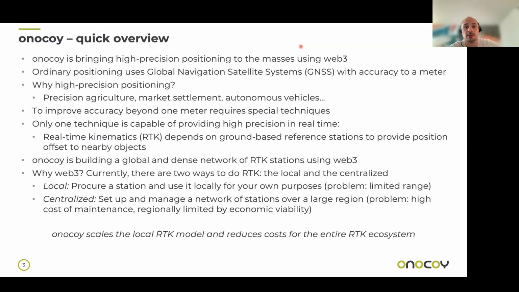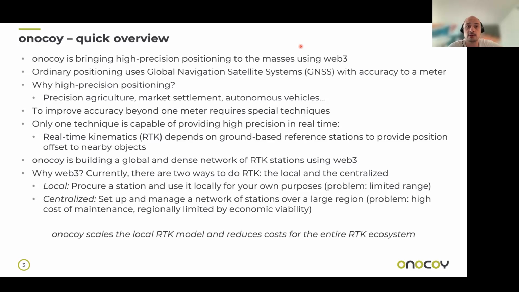The local way is you set up your own station, and near that station you have high precision positioning. So a good business model might be to set it up, cover large areas with it, and provide this as a service.